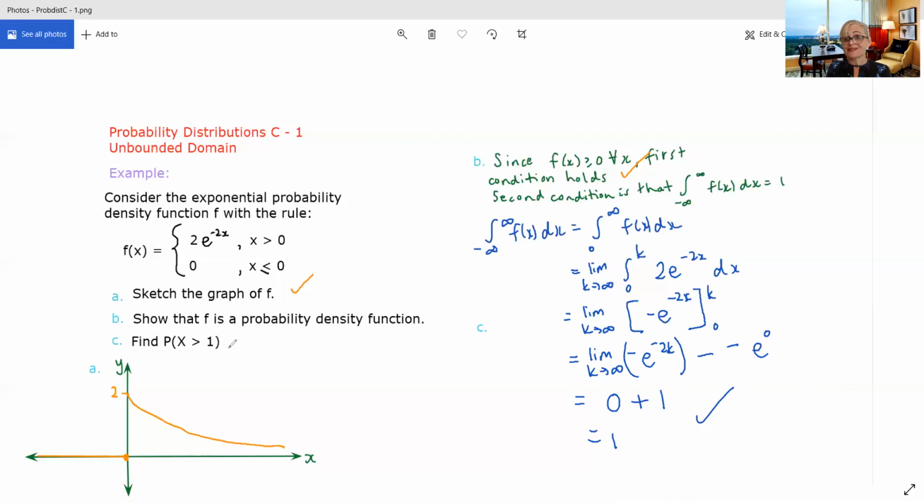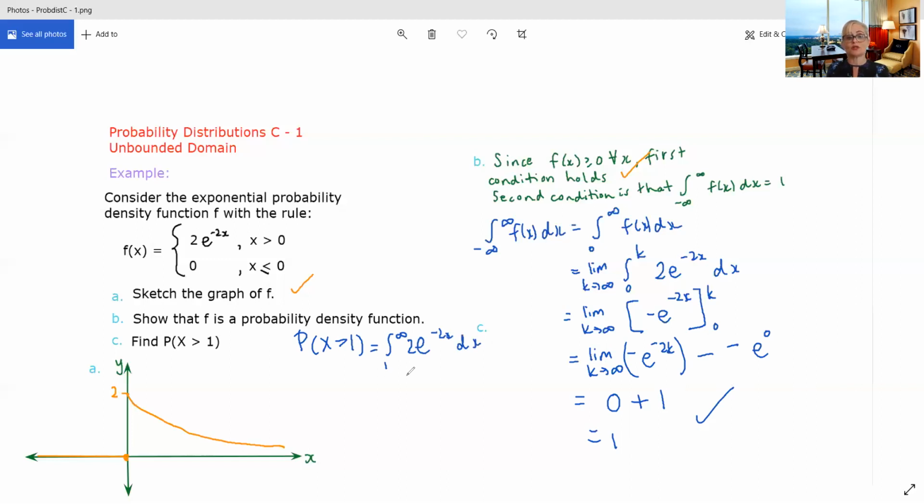Part C, the probability that x is greater than 1. Again, we're going to have to do a limit. What we're really talking about here is the integral from 1 to infinity of 2e to the negative 2x dx.